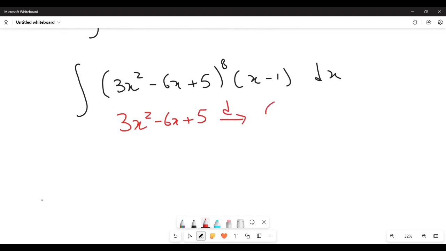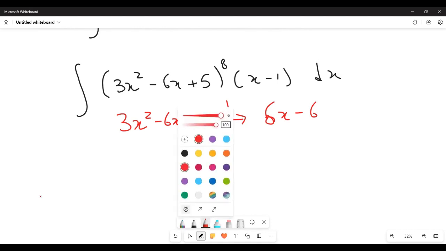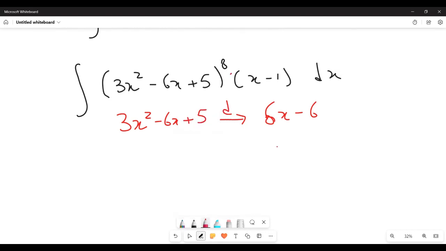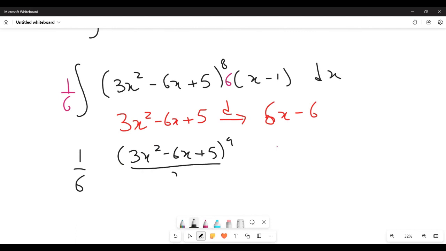Its derivative will be 6x minus 6. So we just have x minus 1. But that can be fixed by multiplying a 6 inside and dividing a 6 outside. So then we get 1/6, and the function would be 3x square minus 6x plus 5 power 9 upon 9.